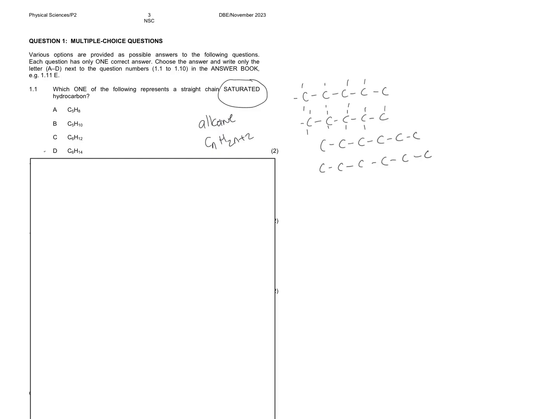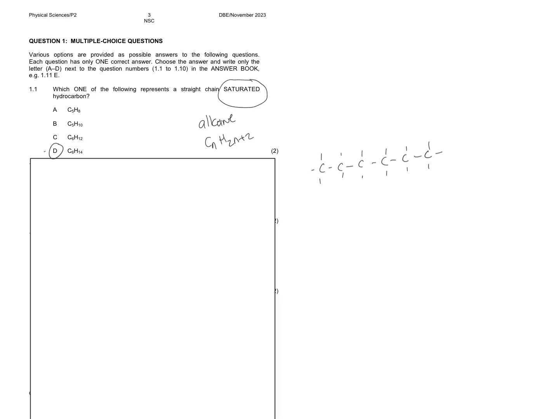So if you just carry on, the first 2 definitely not, then the third one, 1, 2, 3, 4, 5, 6, 7, 8, 9, 10, 11, 12. Not enough. So this one must be it. I can show you that it is, but otherwise, you can just draw them. You don't need to know what saturated versus unsaturated means necessarily. If you just draw them, this last one is the only one that has all of its carbons having 4 bonds.